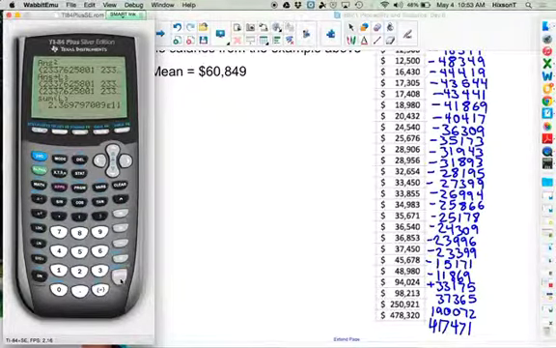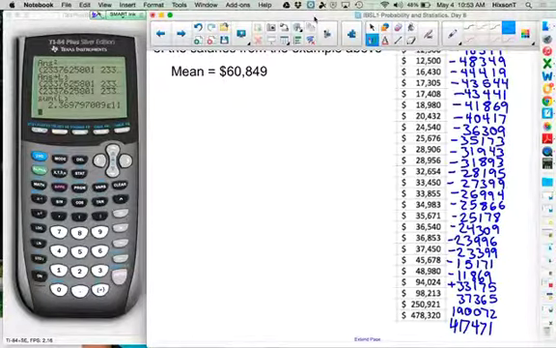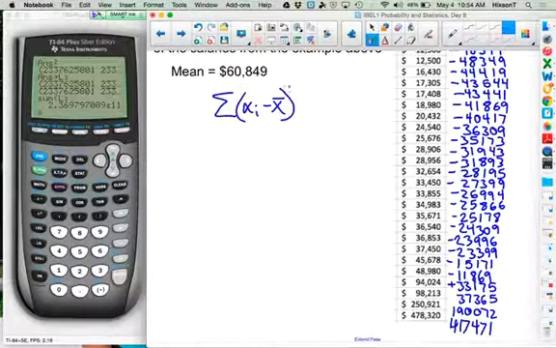So we found the differences. We squared all those differences to get list 3. Then we added them. So it was the sum of x sub i minus x bar, squared. We've done that part so far.